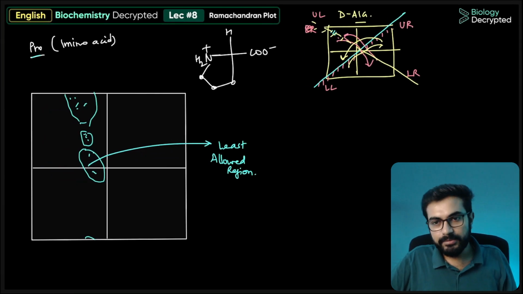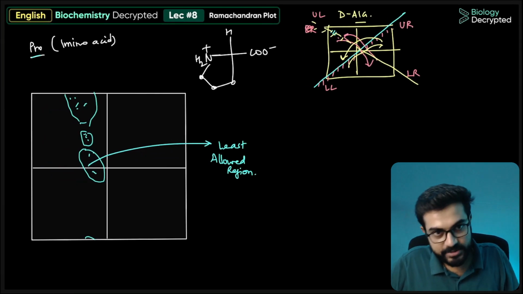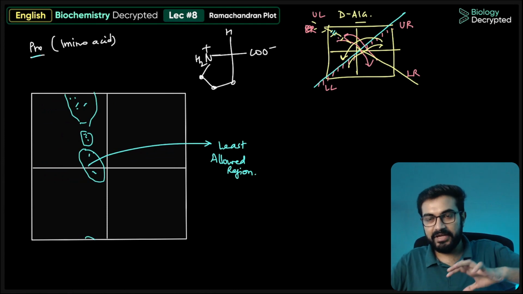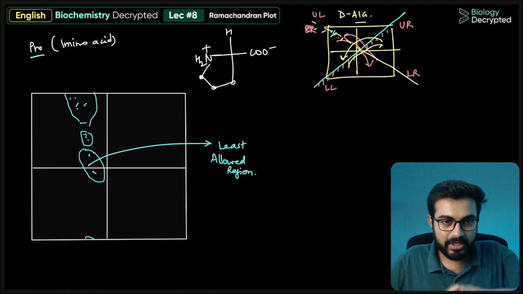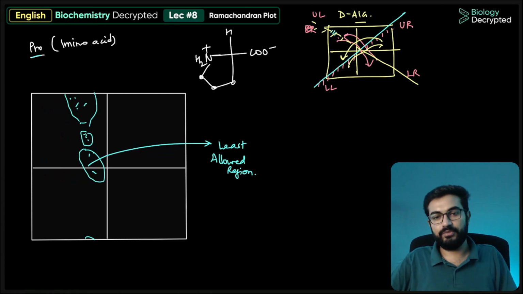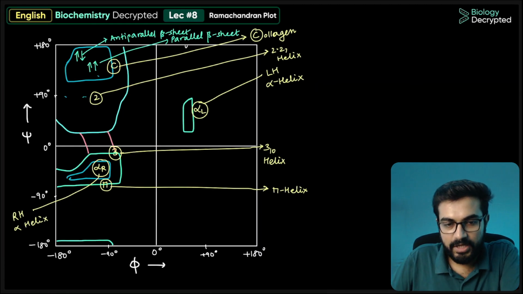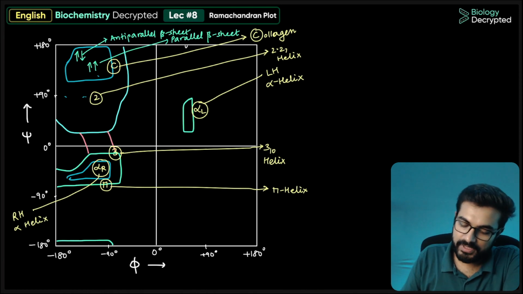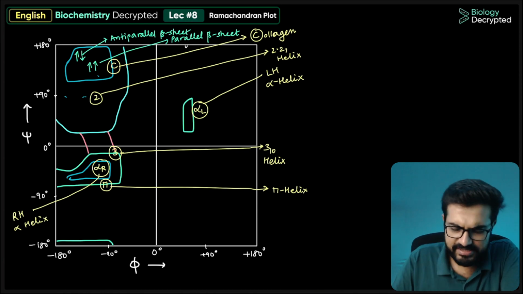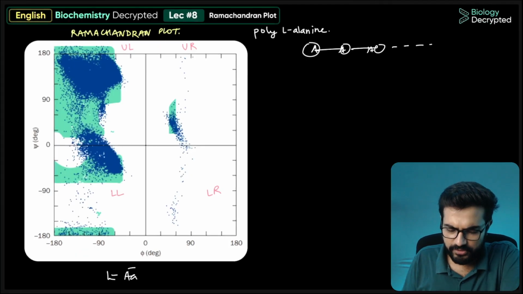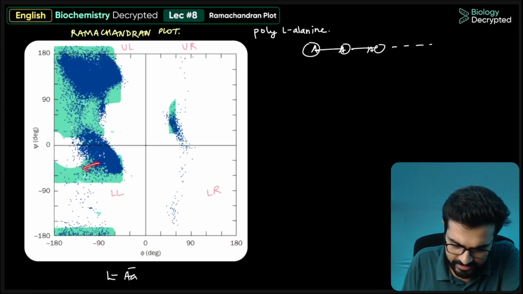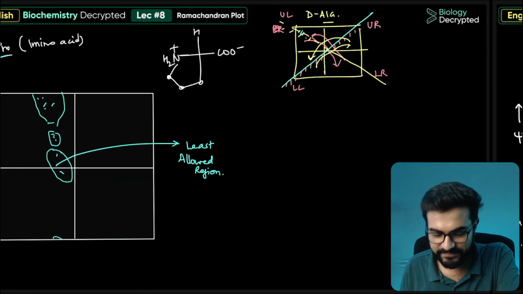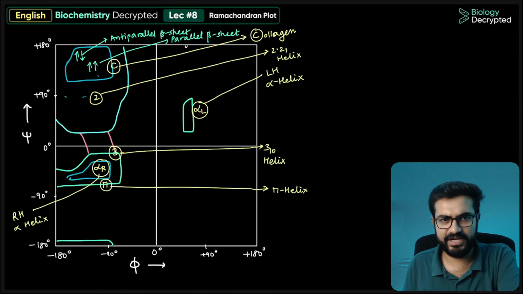Now let's come to the diagram of the Ramachandran plot and how to draw it, how to remember it through a cartoon. So let's see it once. Well, yes, this is the Ramachandran plot. Now what we see here is the same one which we saw here. We have drawn the actual secondary structures which are found in specific regions, and we have drawn it in a very simplified manner.